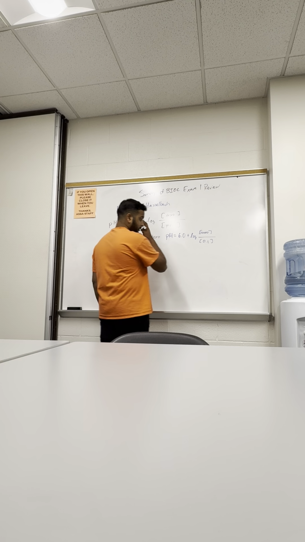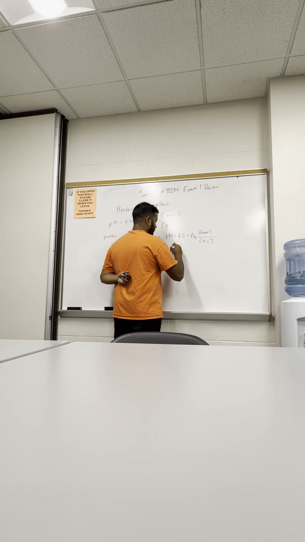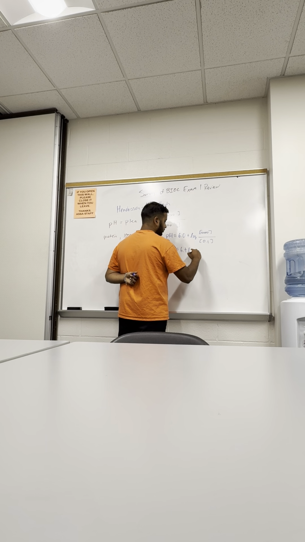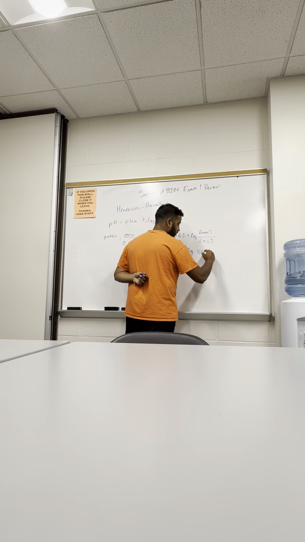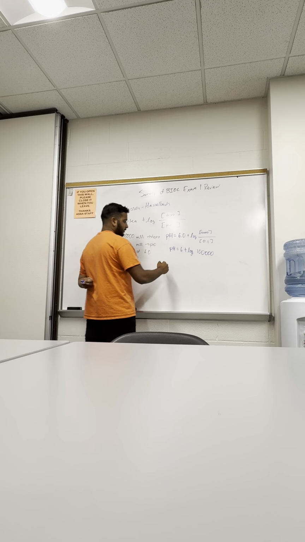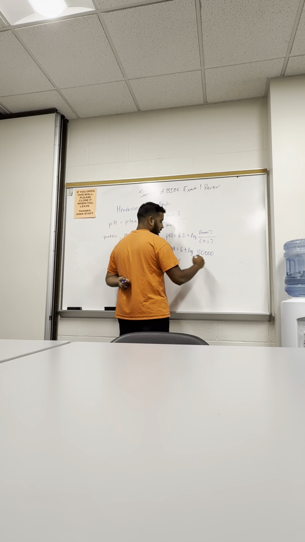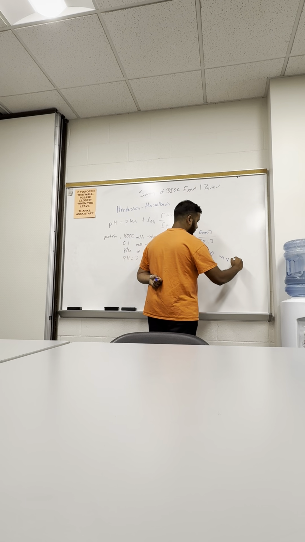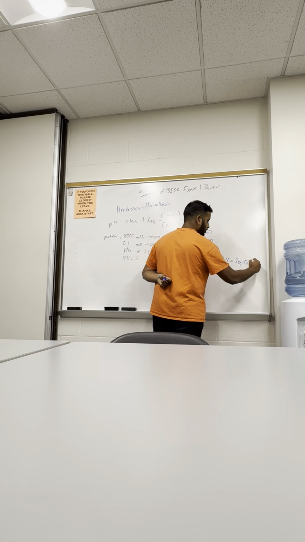Now we have to divide 10,000 by 0.1, which would be 100,000. We have to simplify the log expression, so we can say that x equals log of 100,000.